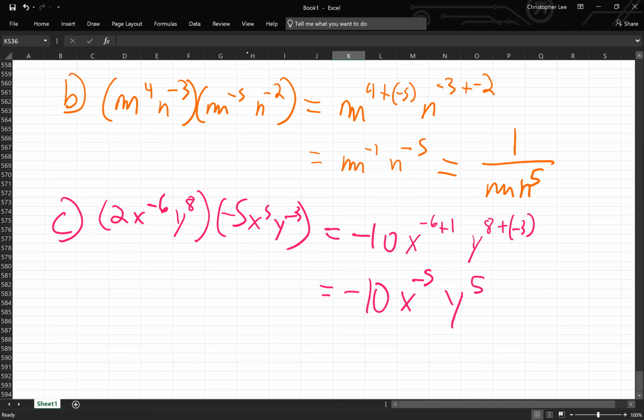It's illegal for me to have negative exponents though, right? So my final answer is negative 10, y to the fifth over x to the fifth power, excuse me. Questions on this? Good.